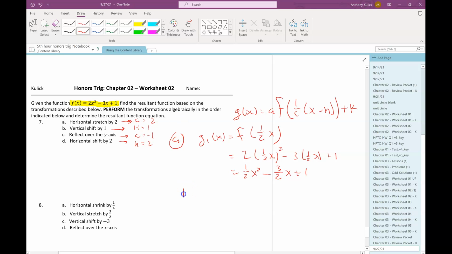Is that okay for step 1? Yeah. Okay. For step 2 now, I'm going to take the previous step, but now I have a k attached to it, so it just has a plus 1 at the end. So all I'm going to do is add 1 to that previous answer. So it just becomes a +2 at the end now. No big deal.